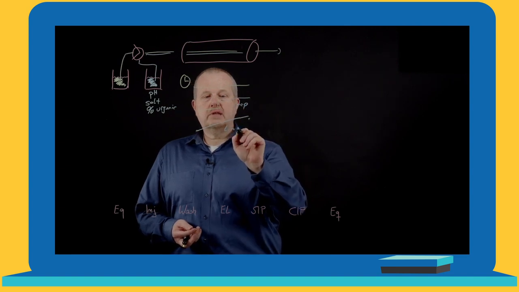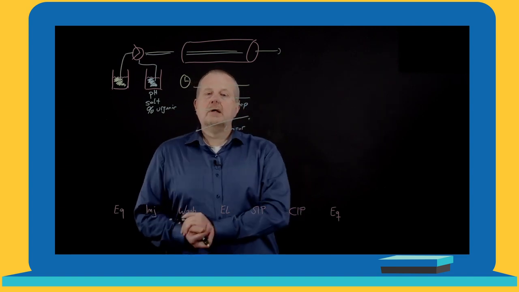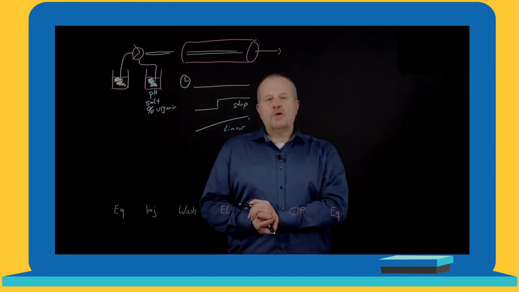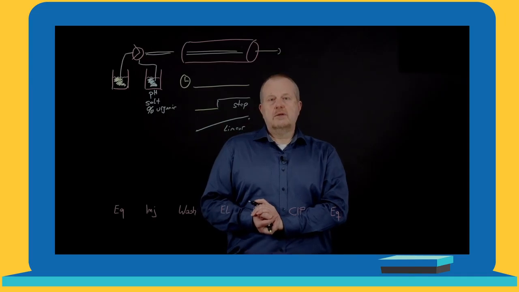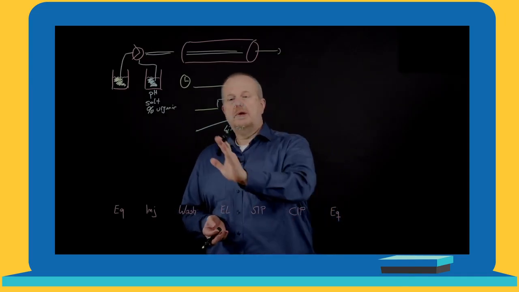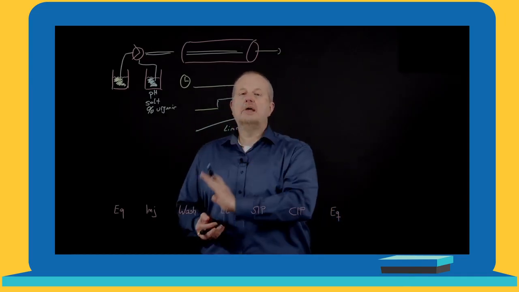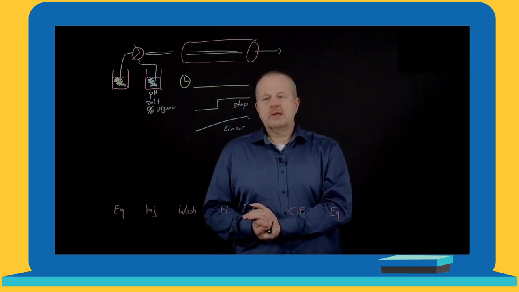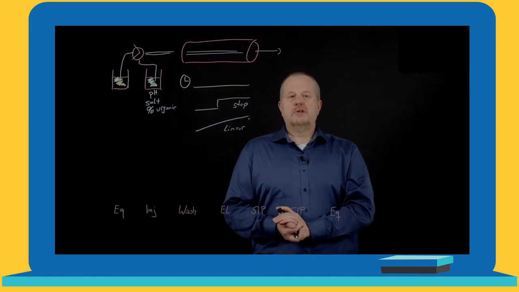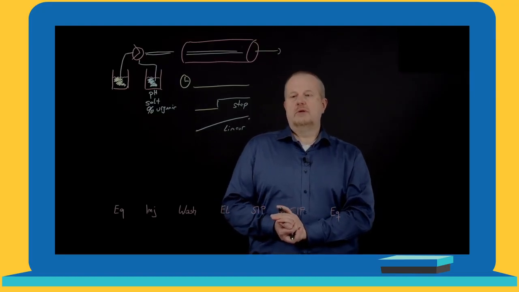This is the linear gradient. The linear gradient is often used to do a screening. So with the linear gradient, we have the whole area, a very wide area, and we see with the screening gradient where our peaks of interest elute.